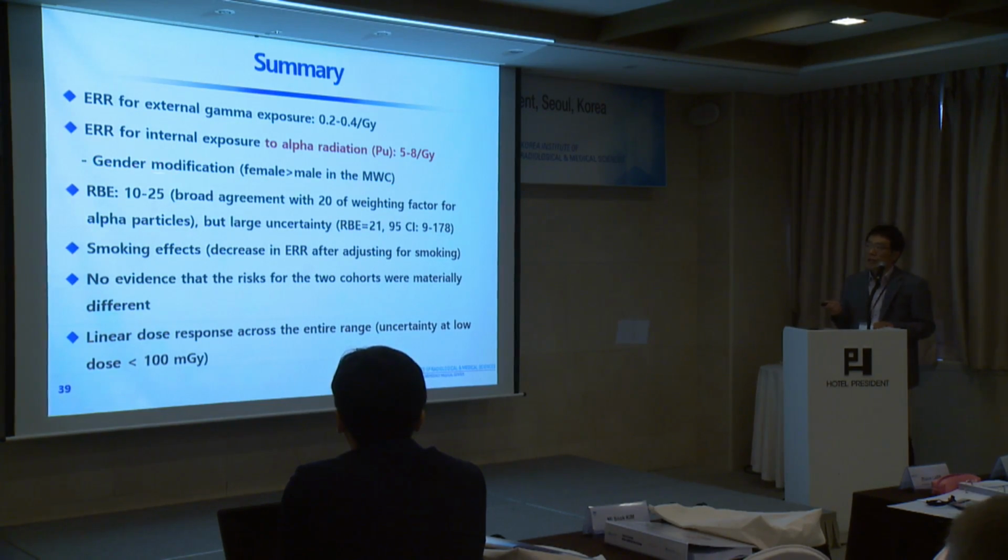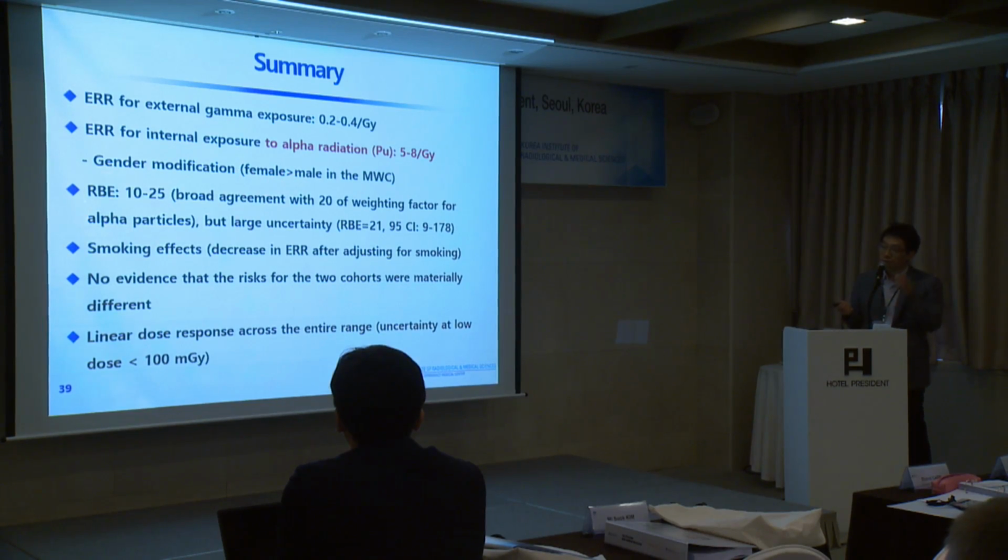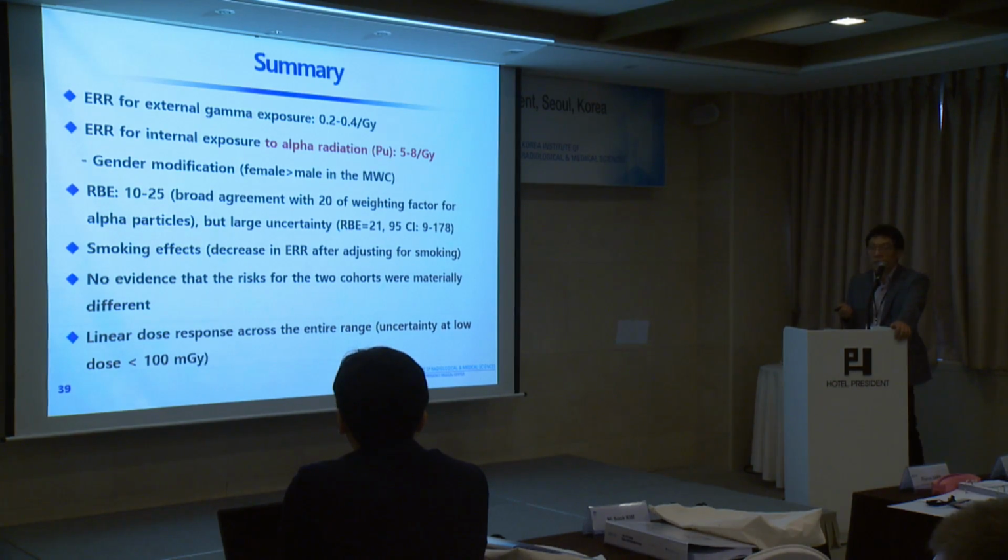Interestingly, there is a gender modification: the risk in females is greater than in males. Considering the ratio of ERR between external gamma exposure and alpha radiation, this ratio is about 10 to 25, which is in broad agreement with the weighting factor of 20 for alpha particles. But still, there are large uncertainties.